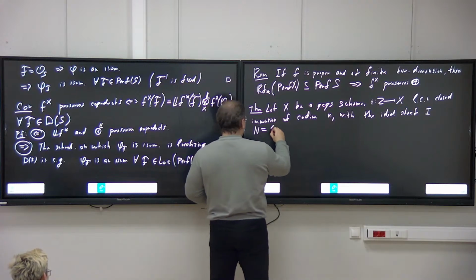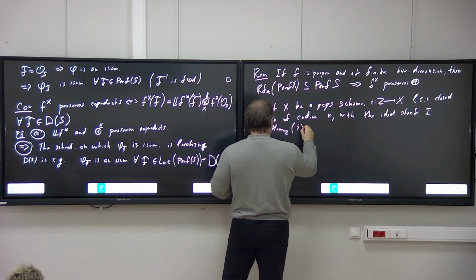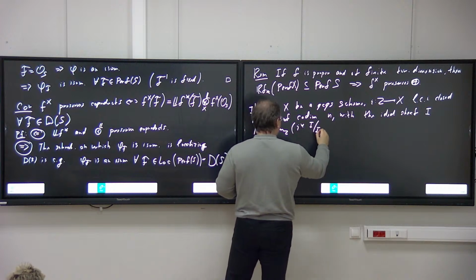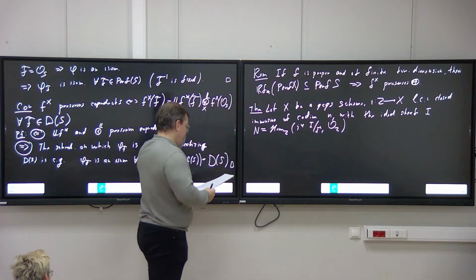Remember that this is the local Hom in Z from I upper star of I modulo I squared into O_Z, so the normal bundle.